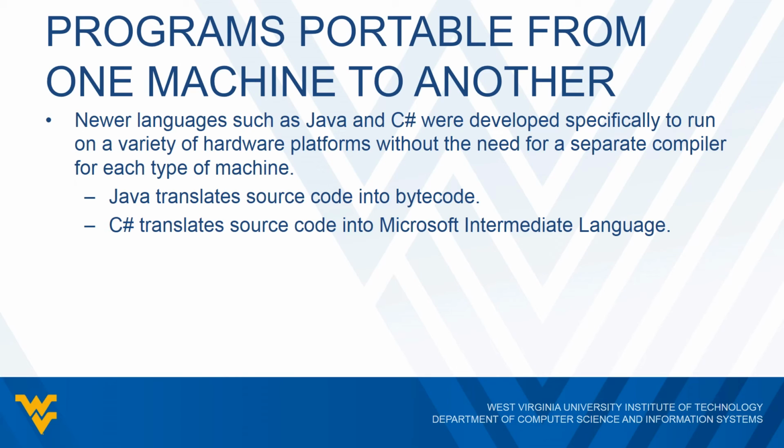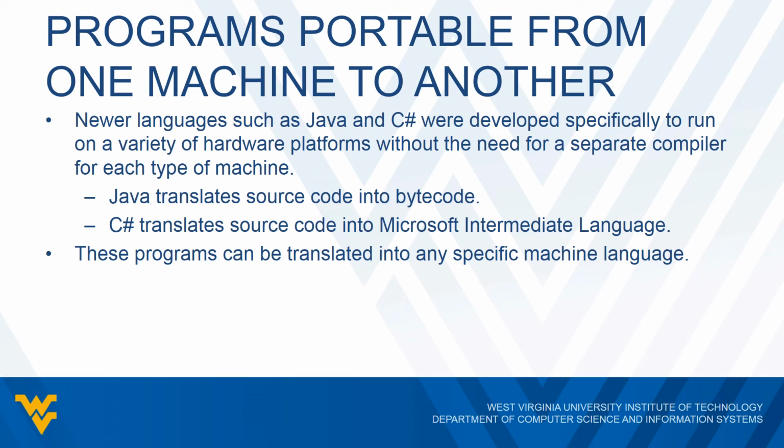Now, the resulting programs are not machine language code for any real machine, but they can be easily translated into any specific machine language. So the program developer only needs one compilation to produce the low-level code, and then they can distribute the resulting program to the various users.